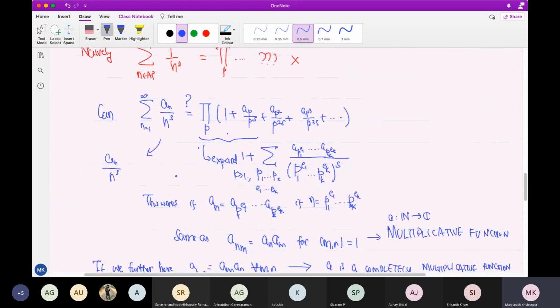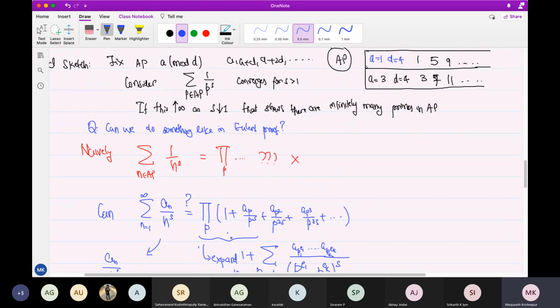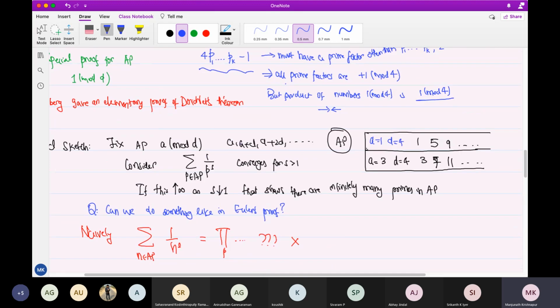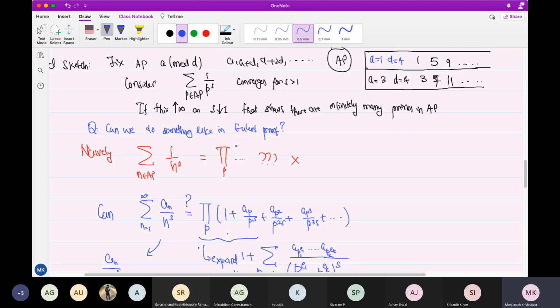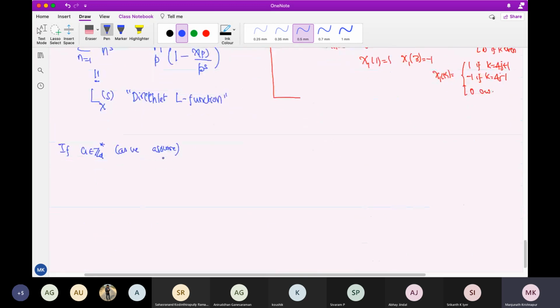These are going to be in the original definition of the arithmetic progression. If we assume a and d are co-prime, then the point is, if you take the indicator function of a, it can be written as a linear combination of characters.